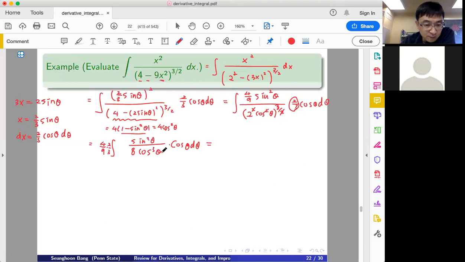And simplify. Take out 8. So what happens here? 4, 2, 8 crossed out. We have only 1 over 27.